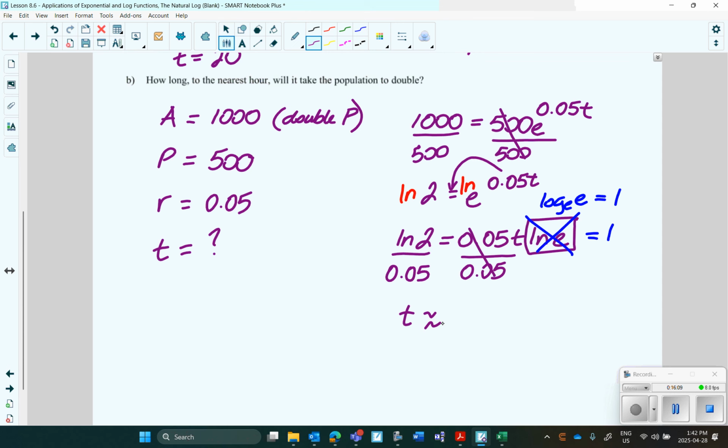So remember, use the ln button. ln 2 divided by 0.05. Nearest hour? 14 hours. 14 hours is right.